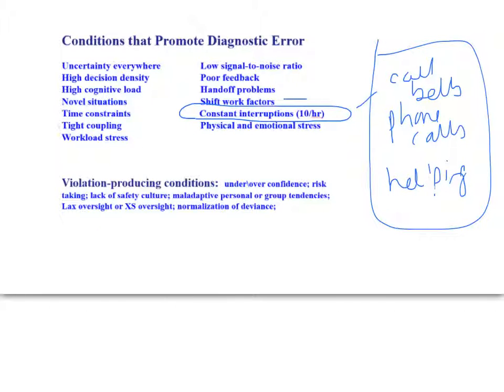And then violation-producing conditions. If you're over or underconfident, you're likely to make an error. And this is important for students, this over and underconfidence. It's this know what you don't know attitude that you need to develop. So know what you don't know.